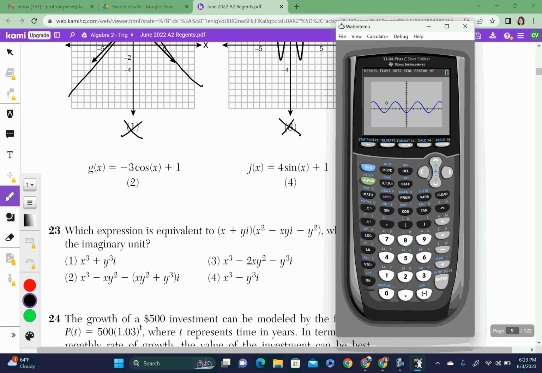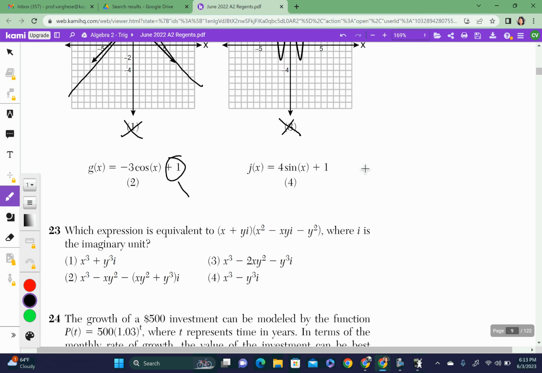And then is there a midline of 1, right? If I take this and cut this in half, looks like the midline is 1. Yeah, that makes sense. Let's just make sure. Yeah, the midline there is 1. That's also here. That says that there's a midline of 1.